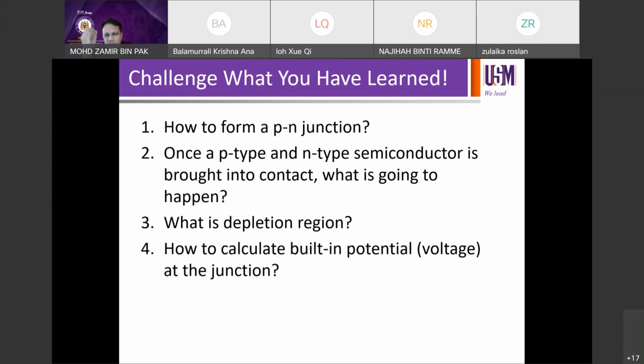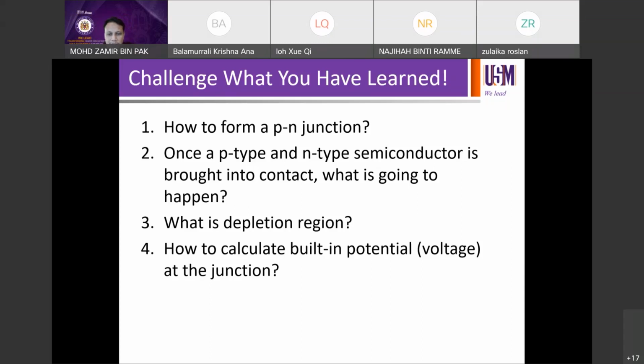Drift, no, before that, diffusion. So you need to tell a diffusion of majority carriers, electrons from n-type into p-type, leaving fixed positive ion charges in the n, and the opposite as well, leaving negative ion charges in the p.